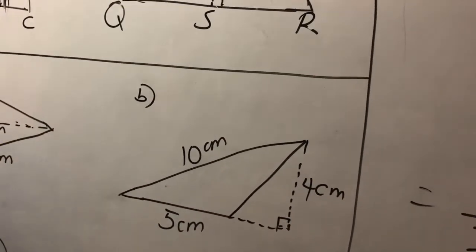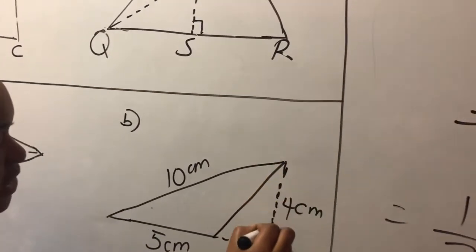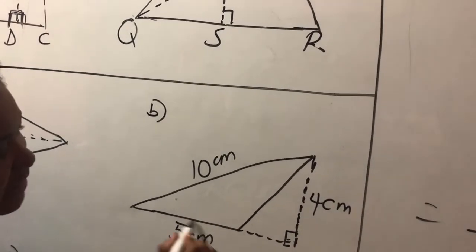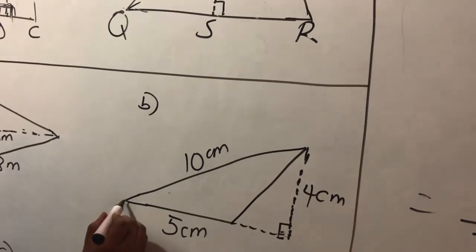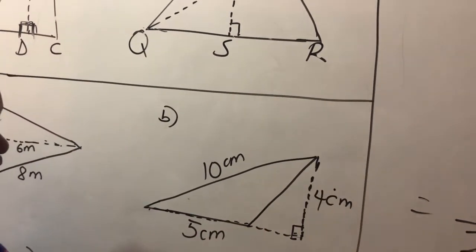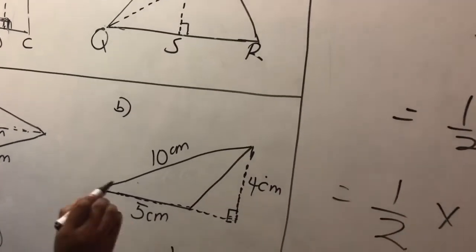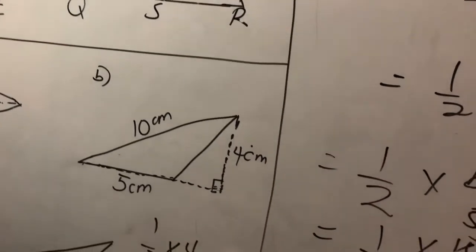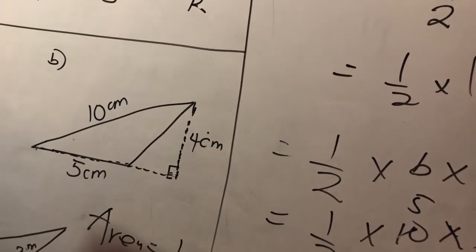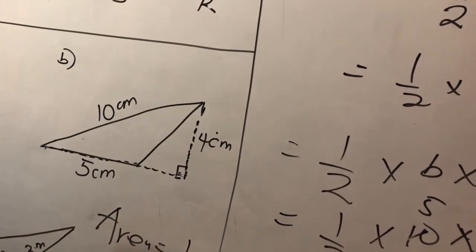Okay, now the next question. This is the height, right? Obviously, you can see the height here. What is the base that it is corresponding to? Which of the lengths is it forming a 90 degrees angle with? It is this length. So area is equal to half base times height.